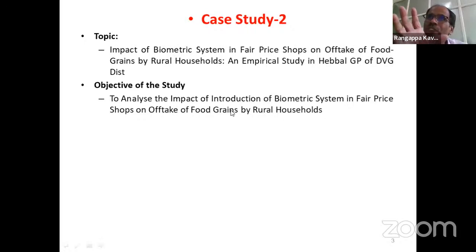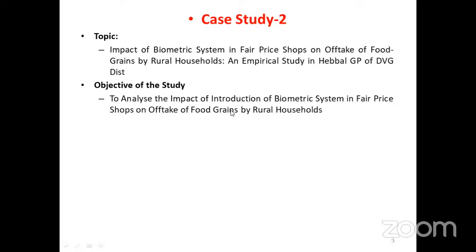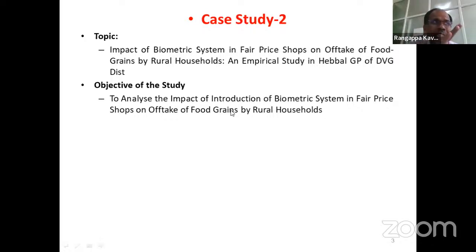Selection of respondents for one group does not influence the selection of respondents for the other group. So the selection of respondents for one group is independent of the selection for the other group, therefore you are using the independent t-test. You will understand this dependency and independency after understanding the second case. I have logically and scientifically prepared these cases so that you practically understand what exactly the things are.